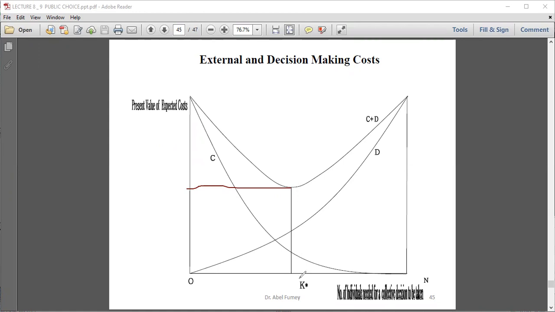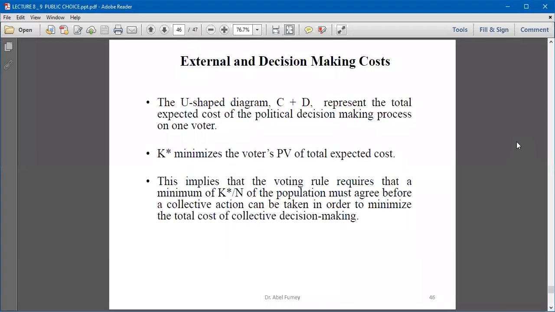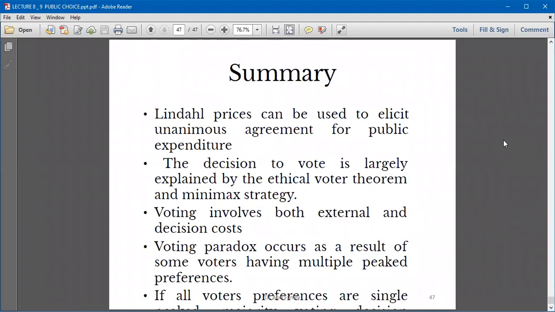If you move past K star, you see that there's going to be an increase in the total cost. So let's just get K star out of the total population before we can minimize this cost. All right. So this is the end of the public choice theory.